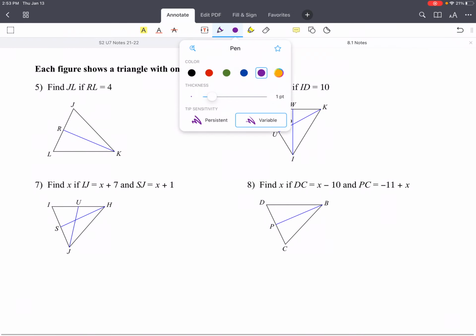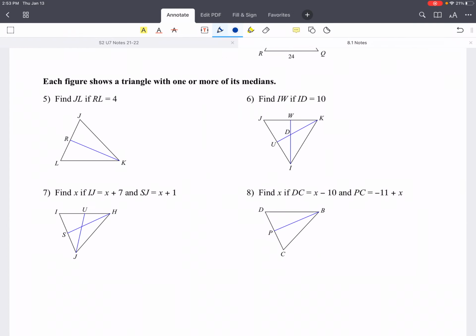Okay, we need a definition here. We're going to talk about medians now. Okay, what you should know about a median. A median is a segment in a triangle that bisects the opposite side.